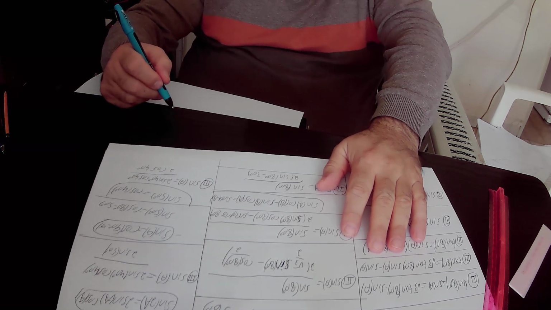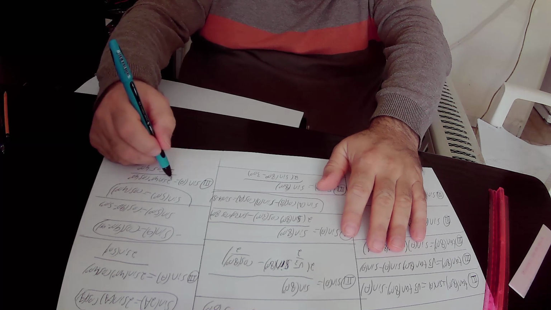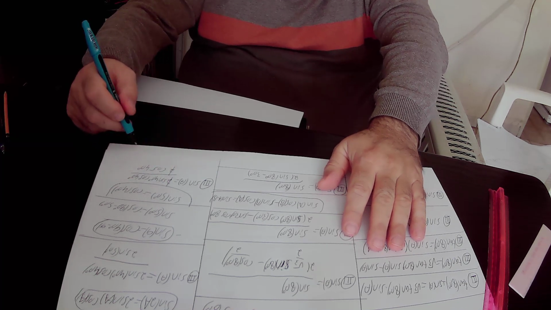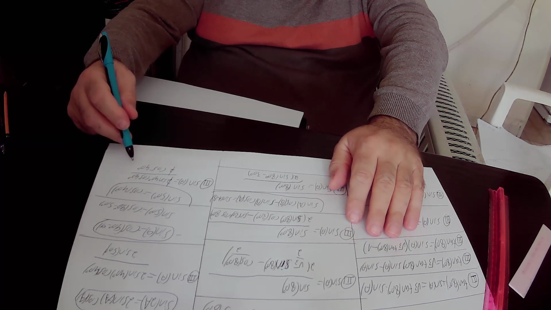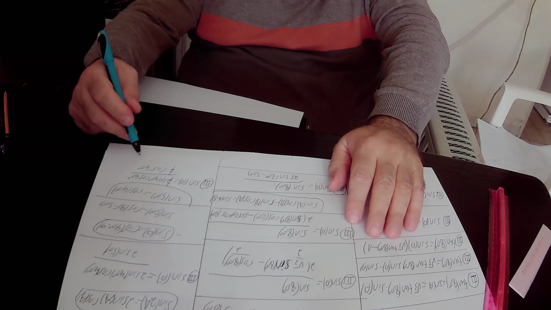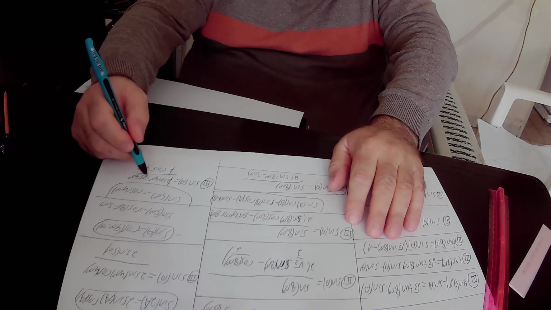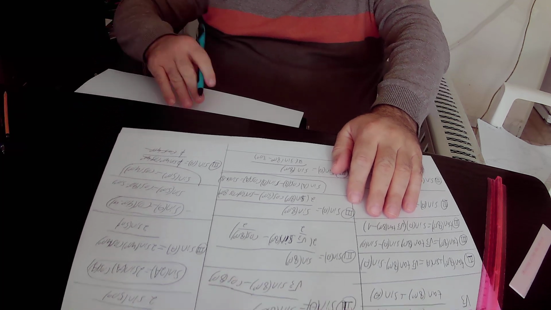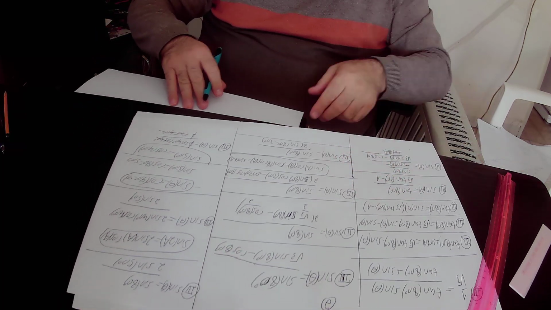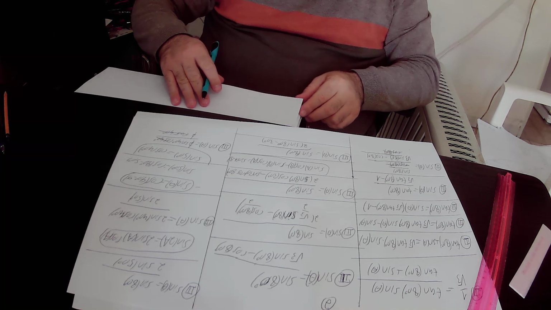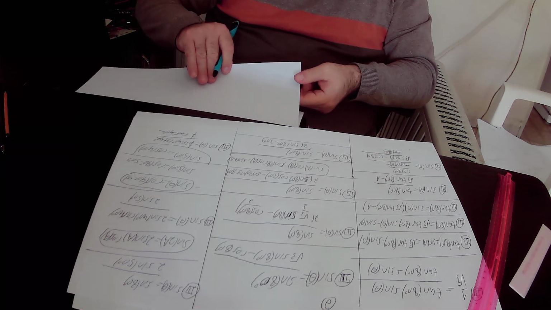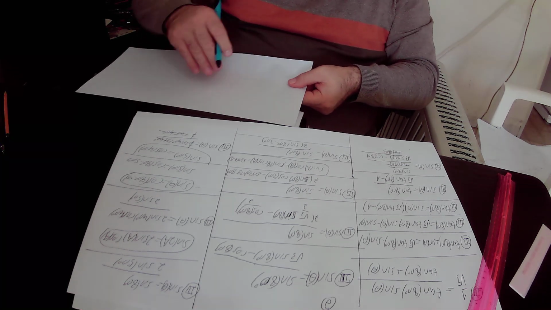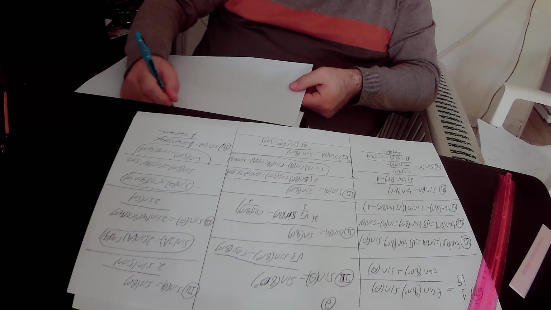Here 2 over 2 is 1, so 2 will get cancelled. We have cosine 40 degrees in the numerator and cosine 40 degrees in the denominator, so cosine 40 degrees will also get cancelled. And we are left only with the expression according to equation number 3.